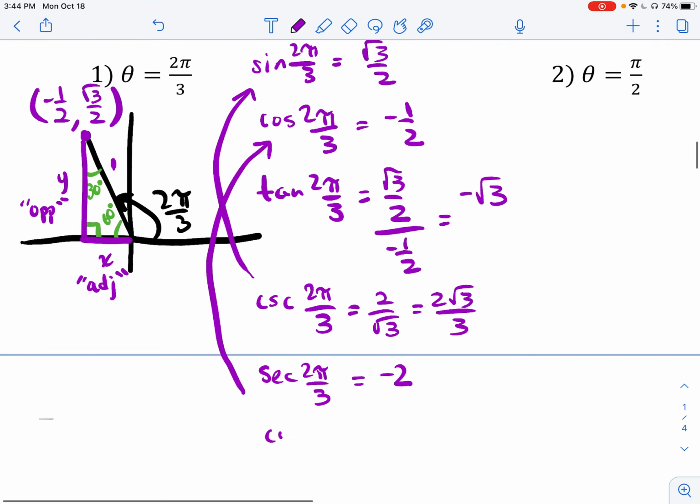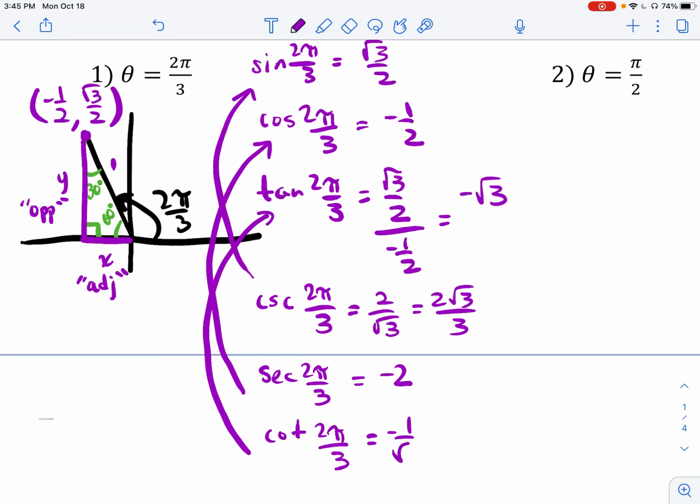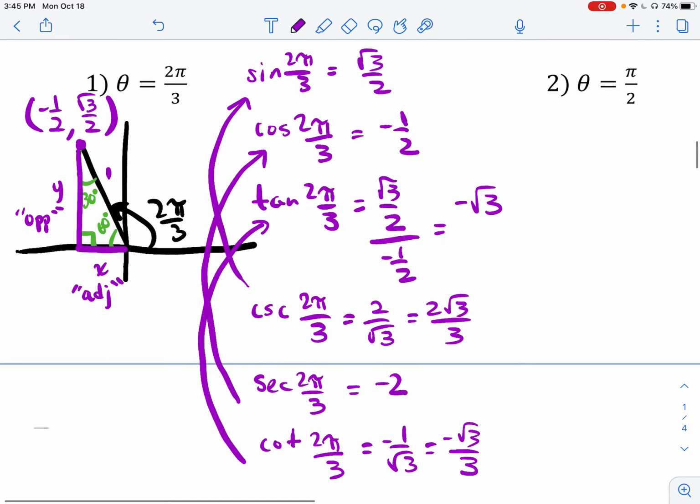And cotangent of 2 pi over 3 would then be the reciprocal of my tangent, which was here, negative 1 over root 3, or negative root 3 over 3 once we rationalize. So I don't have to sit there and draw special right triangles. I can quickly use my unit circle to efficiently evaluate these trig functions.